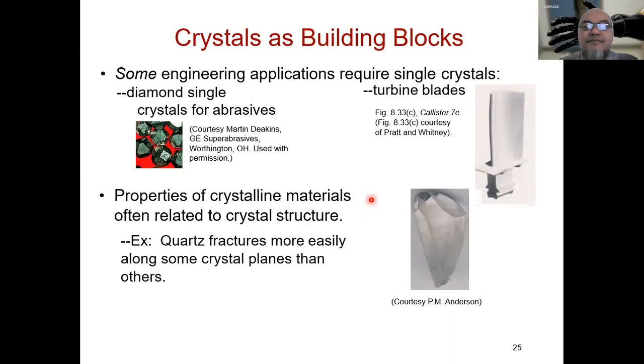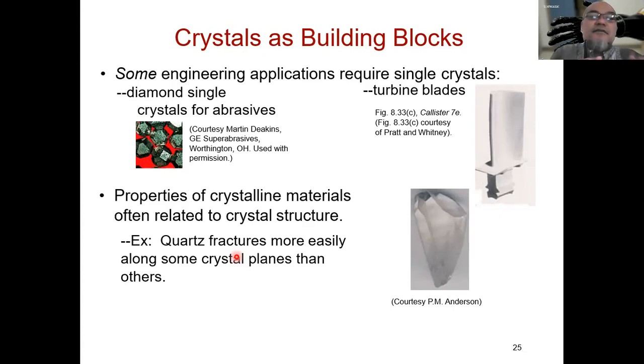Okay. So an example is quartz fracture, the silicon dioxide. Quartz fractures more easily along some crystal planes than others. So the crystal plane will determine in which direction they will break. For example, in the past during my PhD I was using silicon to build electronic devices.